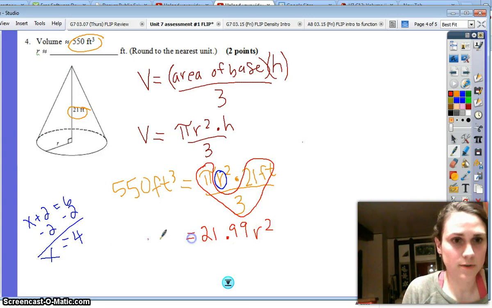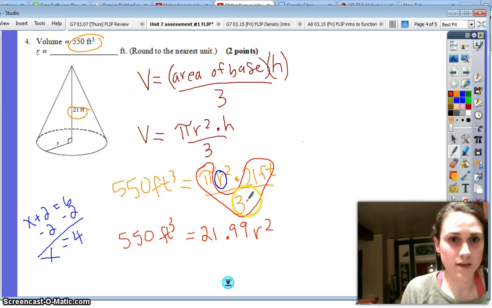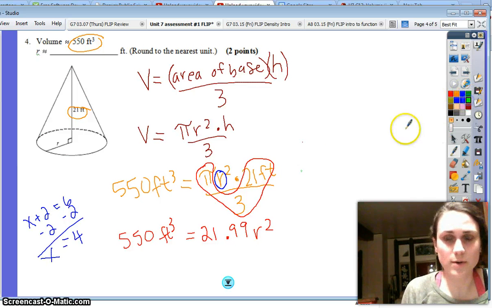I still have that r squared, and I still have my 550 feet cubed. So I took 21 times pi divided by 3, and found that the value is 21.99. Now I'm going to try to isolate my r squared.